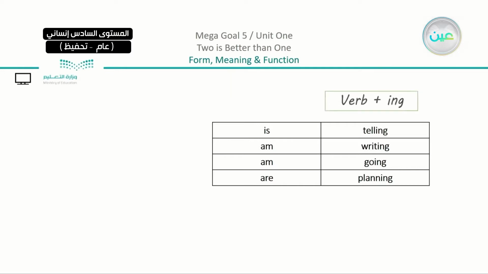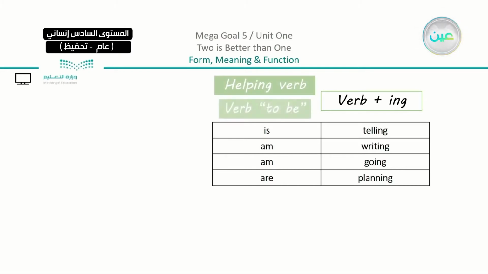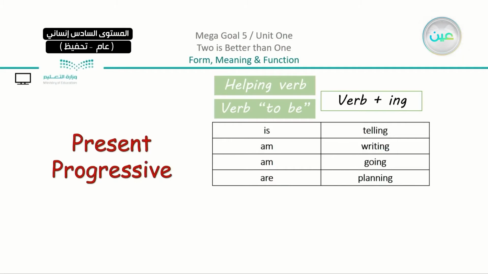Here we have the main verb that has the ing, and we have the helping verb. And here the helping verb is the verb to be. It has to be a verb to be. Now this indicates that we have here the present progressive. The present progressive has this meaning, and you can see that usually it means that something is happening now, but it can have also other meanings.